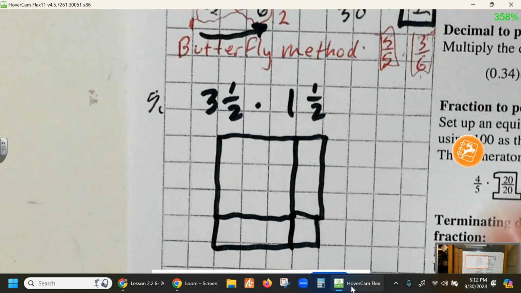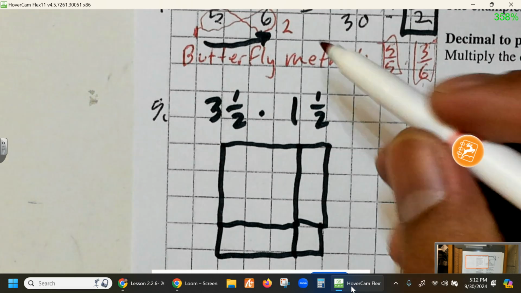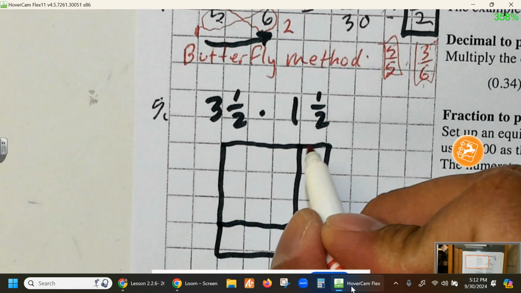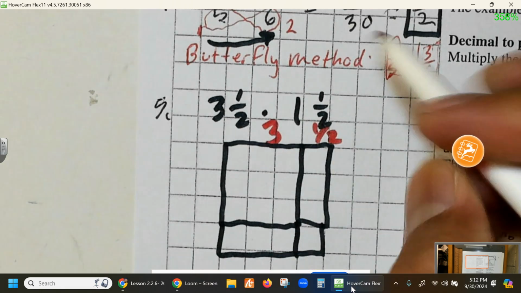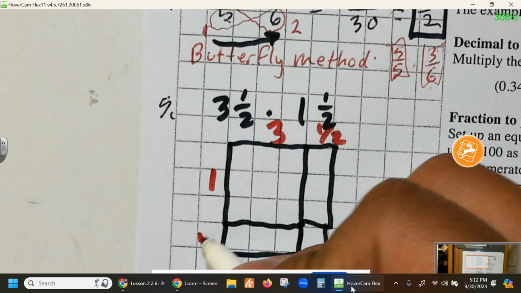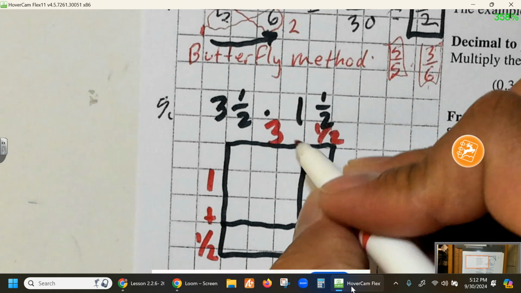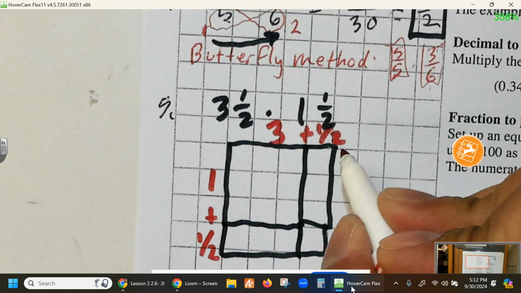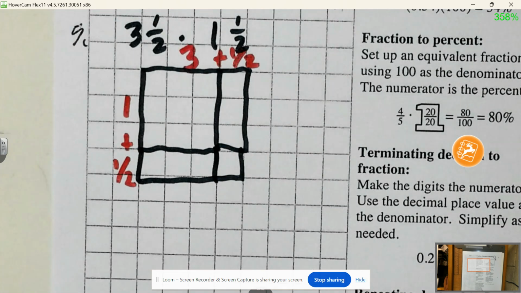The first part is the whole number part. So we have 3 1/2. This represents 3, and this represents 1/2. This part represents 1 1/2: 1, and this is 1/2. Kind of like the expanded method we did with the distributive property.